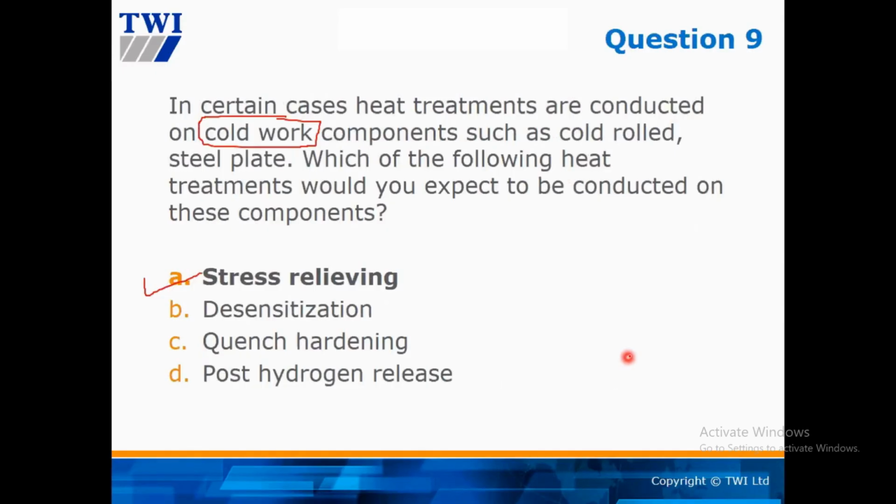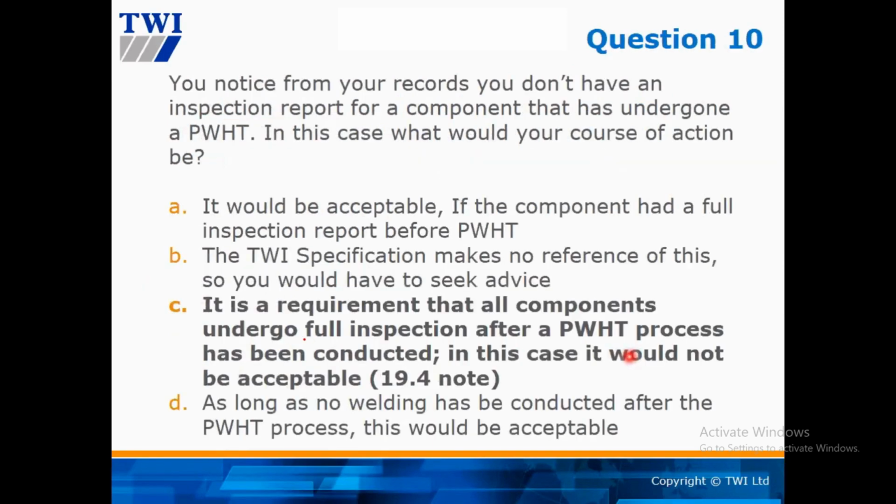All right, last questions. You notice from your record, you don't have an inspection report for component that has undergone PWHT. In this case, what would your course of action be? All right, look at 19.4 here.